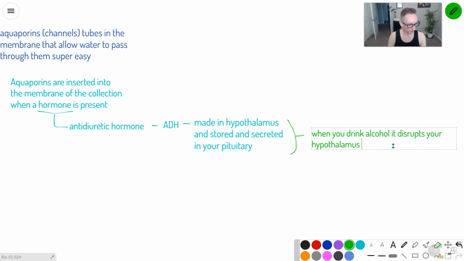So when you drink alcohol, it disrupts your hypothalamus's ability to regulate ADH, antidiuretic hormone. So antidiuretic hormone will never reach your kidneys. Okay?